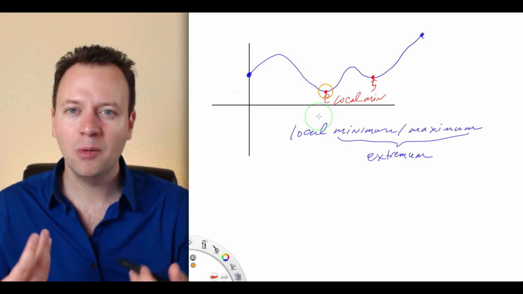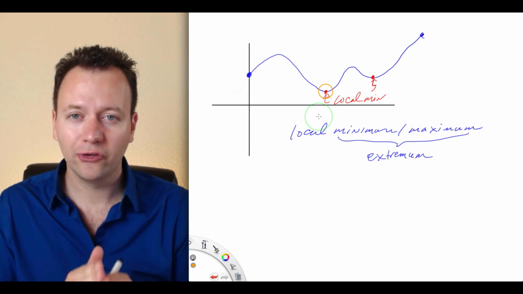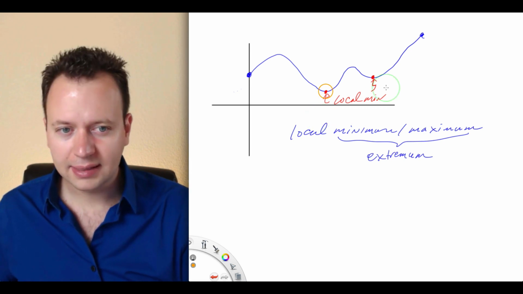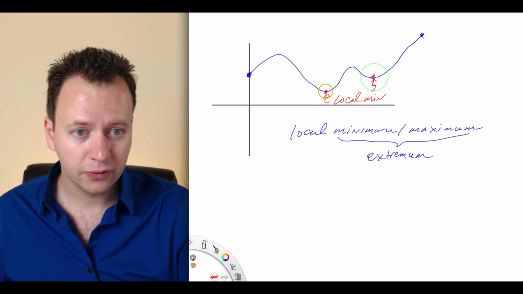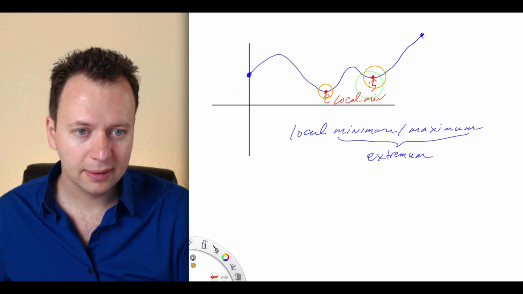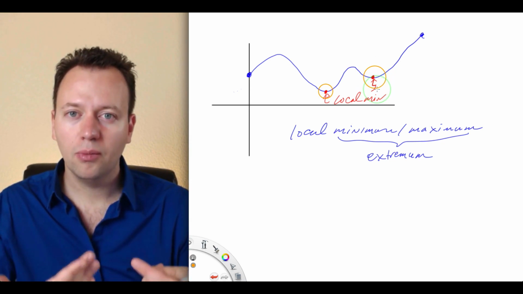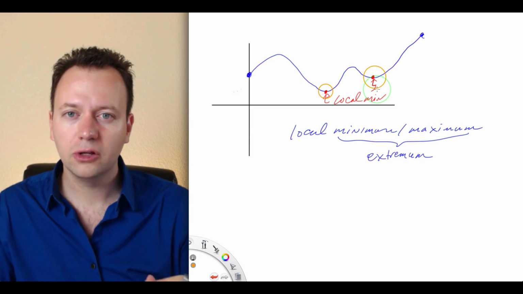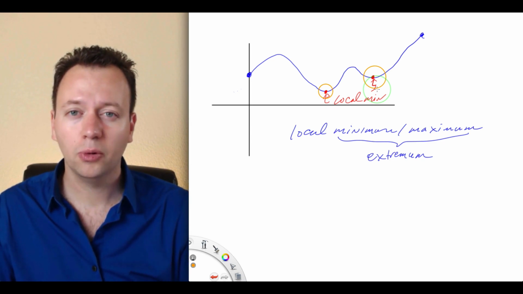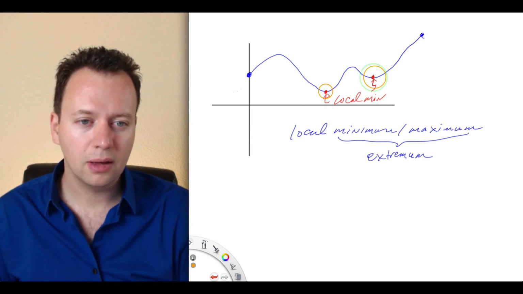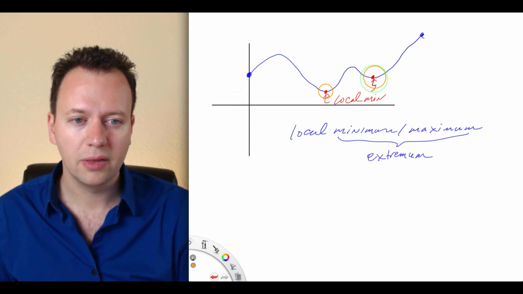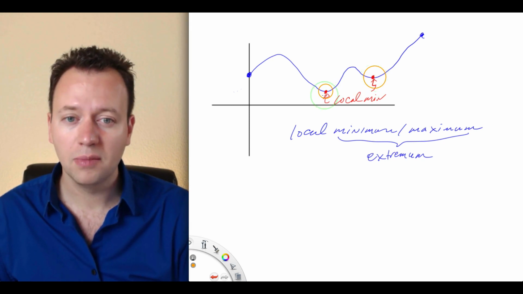So a minimum value of the function occurs at that x value. And the same thing is true up here. If I just look close by, out of all the points in that circle, the x value that generates the smallest possible y value is the point marked in red right there. So that's a minimum point and a minimum point.